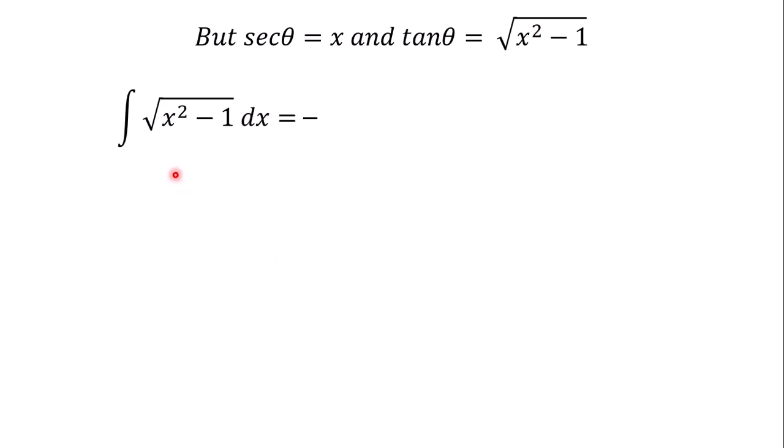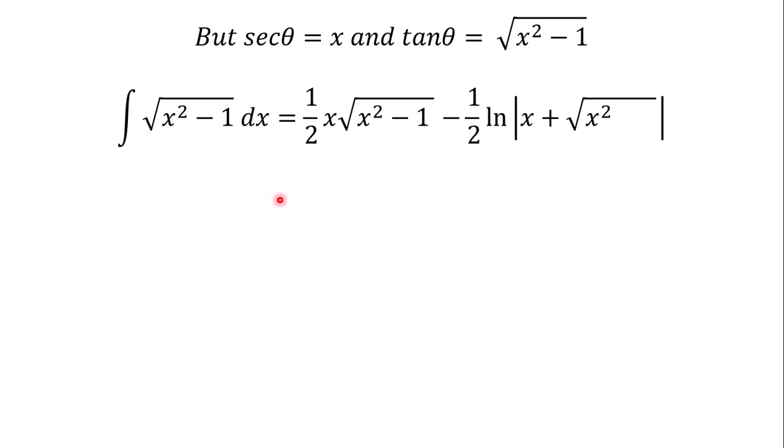So the integral of square root of x squared minus 1 dx is equal to 1 over 2. It was secant theta, right? Secant theta is x, so that is the x here, times tan theta. What is tan theta? Square root of x squared minus 1. And then minus 1 over 2 natural log. Here it was secant theta plus tan theta.